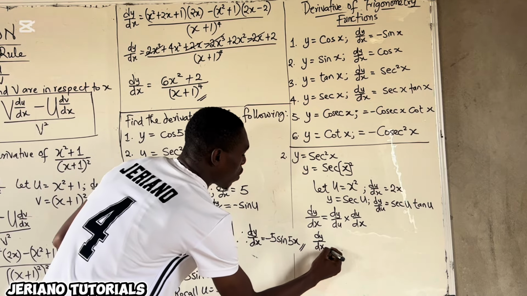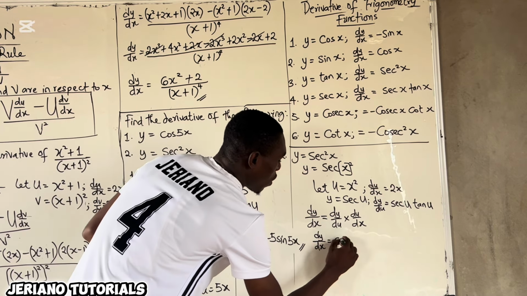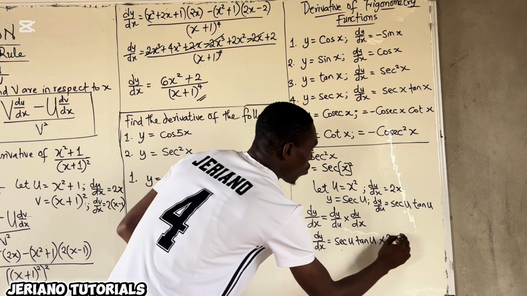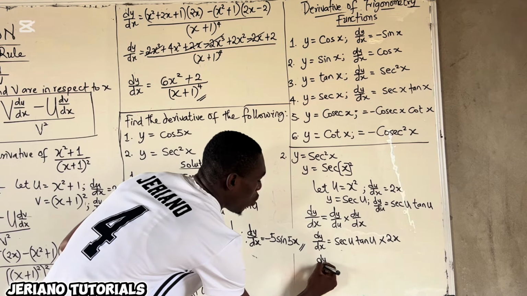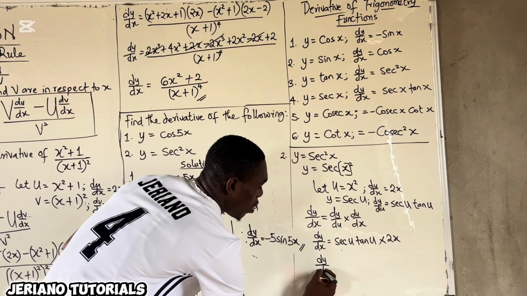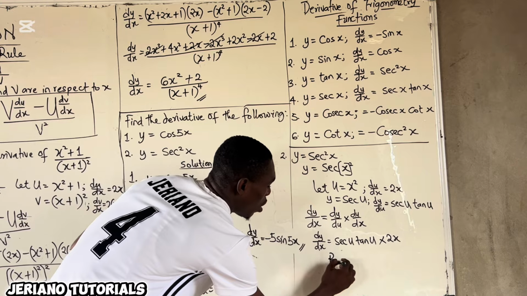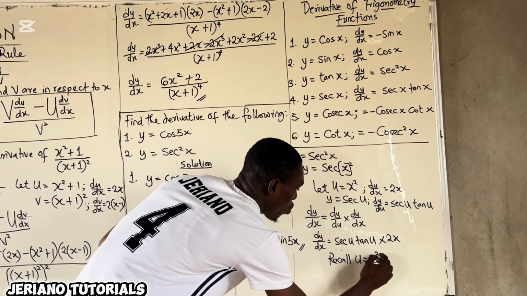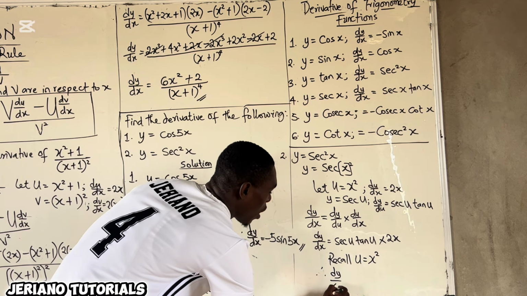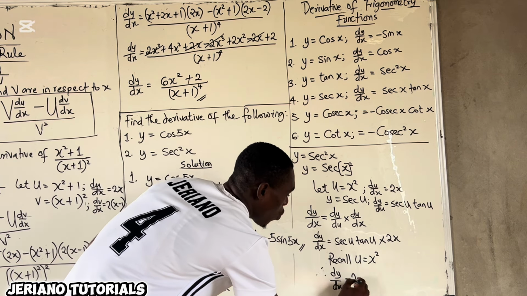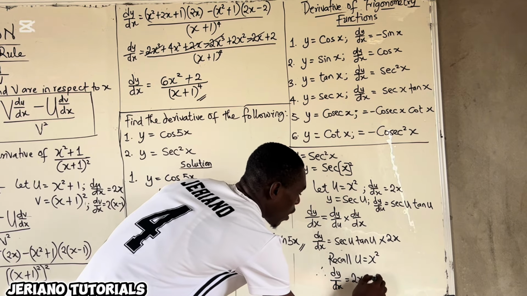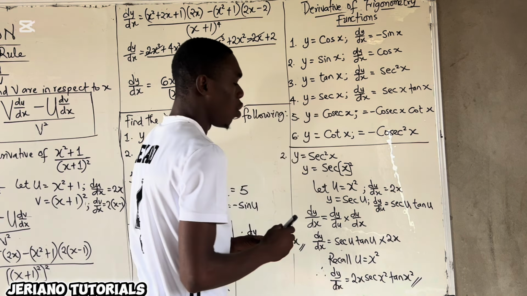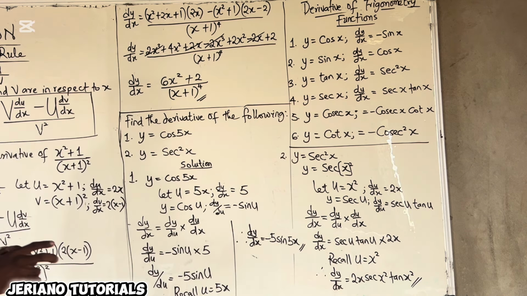So dy dx becomes sec u tan u times 2x. Let's recall that u is x squared. Therefore, dy dx becomes 2x sec x squared tan x squared. And this becomes the derivative of sec square x.